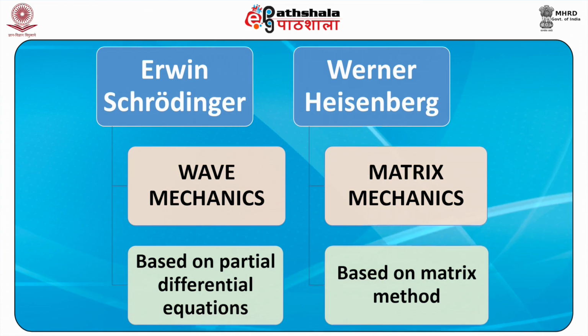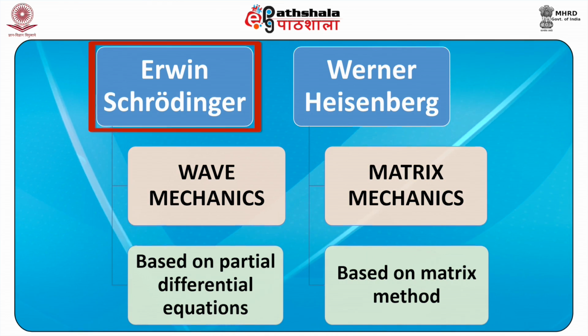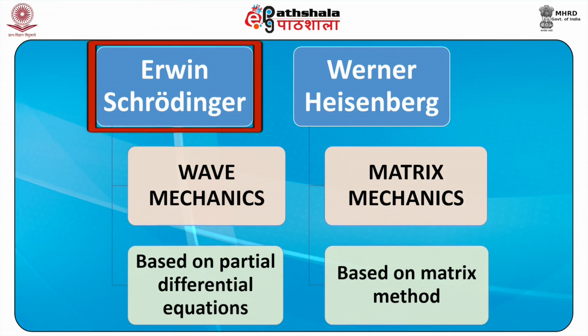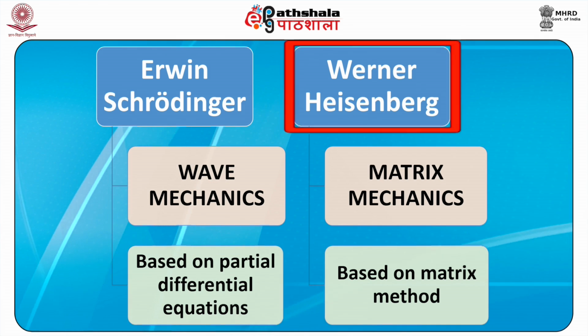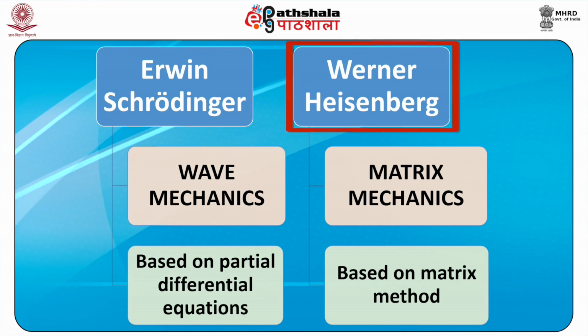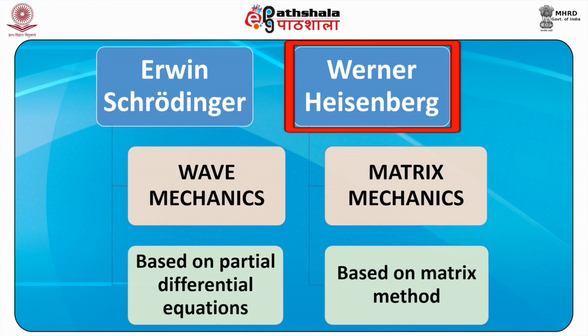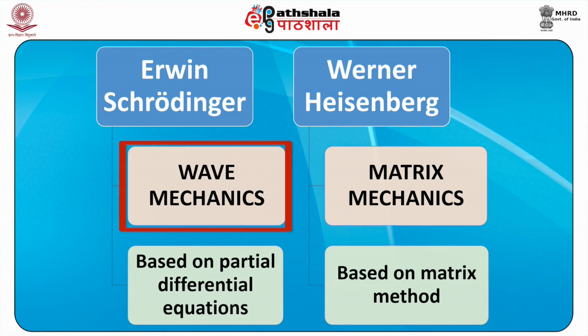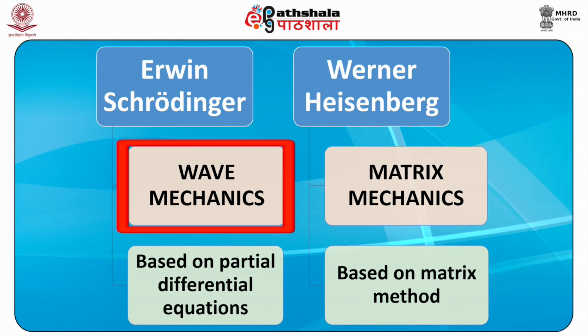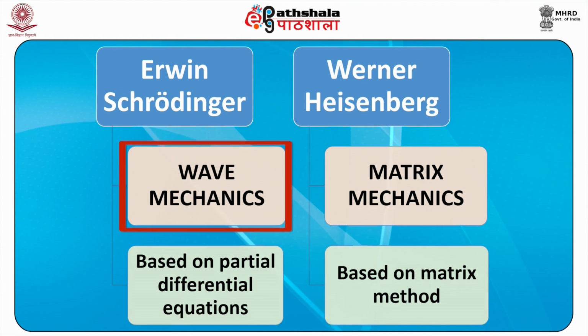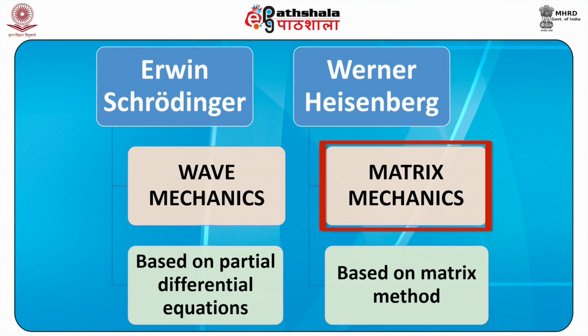In this regard, two approaches were followed. One was the approach of Schrödinger, and the second was the approach of Heisenberg. The approach of Schrödinger is what we call wave mechanics or Schrödinger's quantum mechanics. And the approach of Heisenberg is called matrix mechanics.